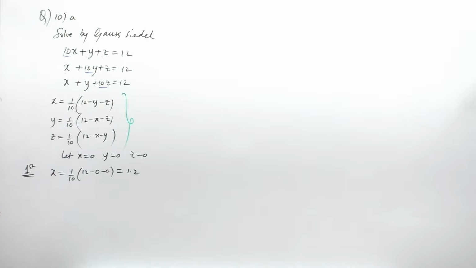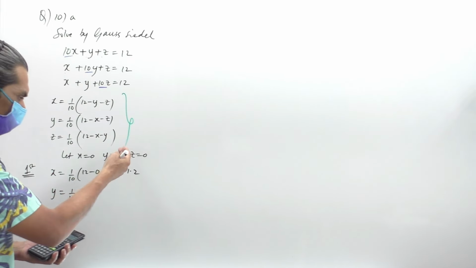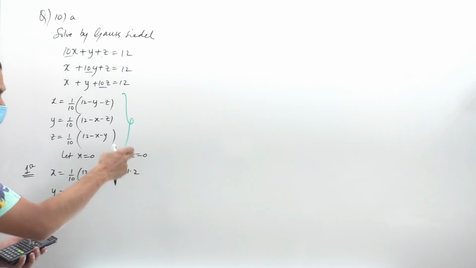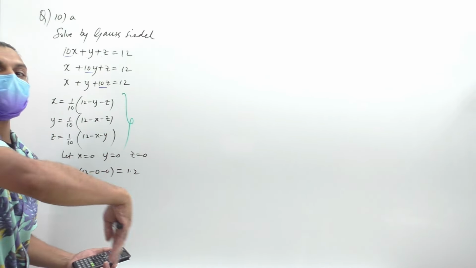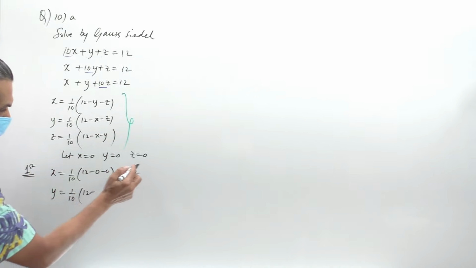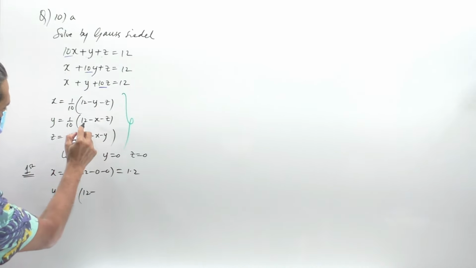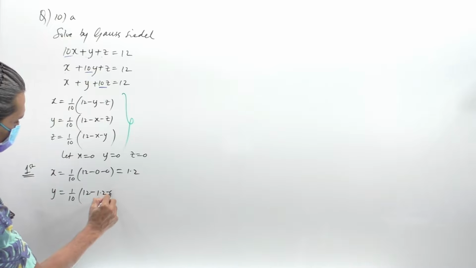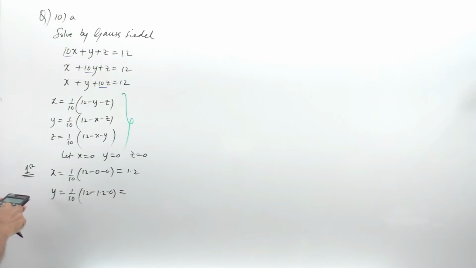Next is y. So y is equal to again 1 by 10, 12 minus x minus z. Initially x was 0, now x is 1.2. This will become the new x for the next iteration, and it keeps on following. As simple as that. So 12 minus 1.2 divided by 10, we are getting 1.08.